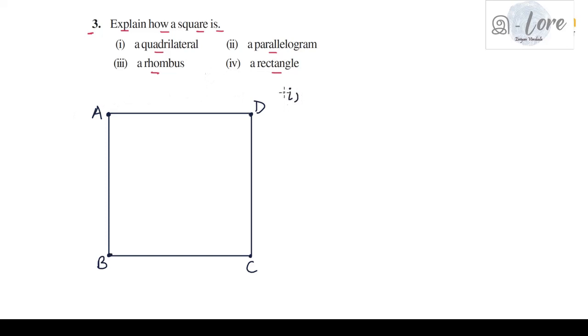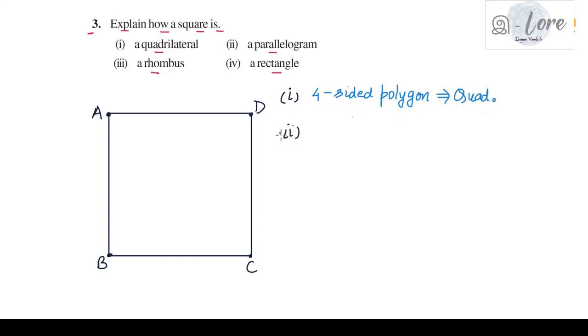The fact that a square is a quadrilateral is easy to see. A square is a 4-sided polygon, and any 4-sided polygon is a quadrilateral. So a square will surely be a quadrilateral. So part 1 was straightforward.